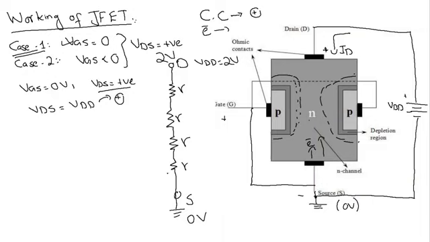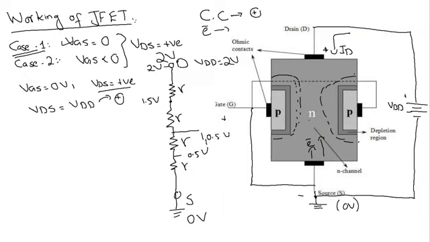Now what will happen is that at this junction I have 2 volt, and in this junction I am going to have 1.5 volt. The reason is that across every resistance I have a potential difference of 0.5 volt. So across this resistance I have a potential difference of 0.5 volt, and then again between these two resistances I have again 0.5 volt.